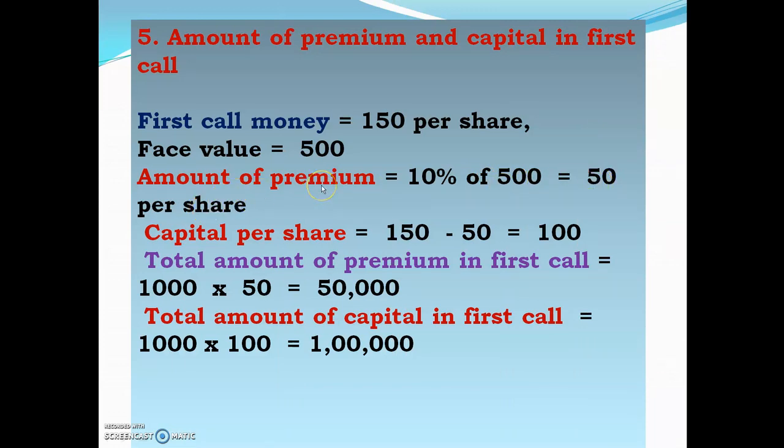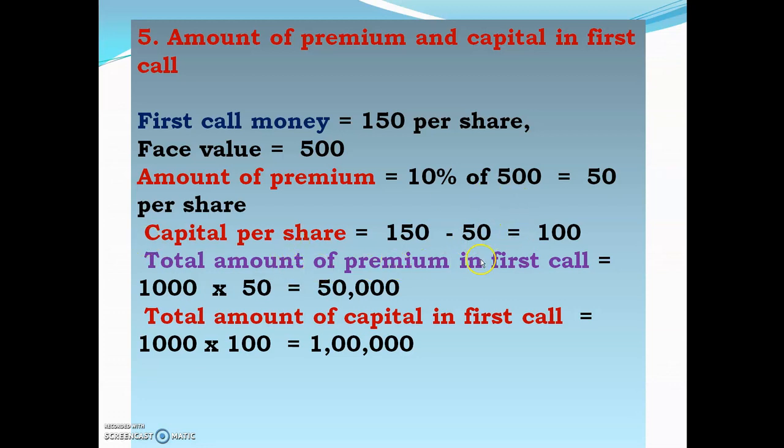So the premium amount is 50. Okay, so next, capital per share is 150, as given in the question, minus premium amount 50, which means first call capital money is 100.